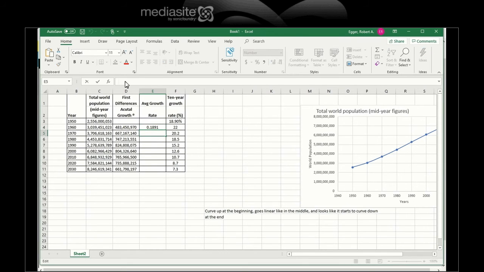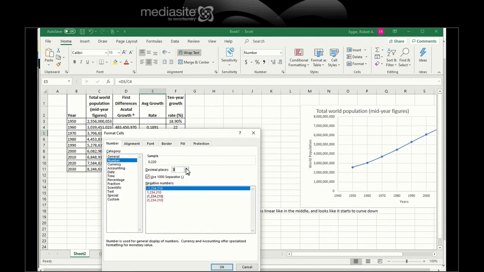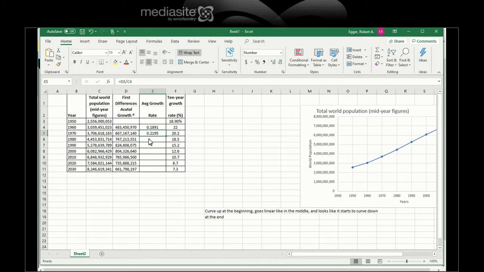Of course, this guy would be, okay, what was the difference between 1970 and 1960 divided by 1960? And same thing. $21.95. So we can just go down the rest of the way.